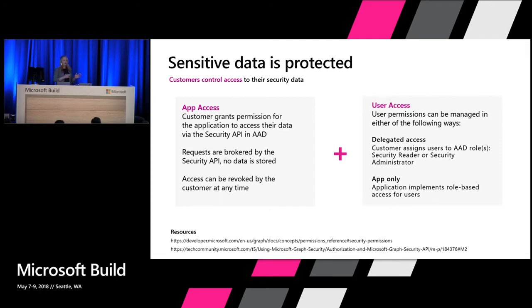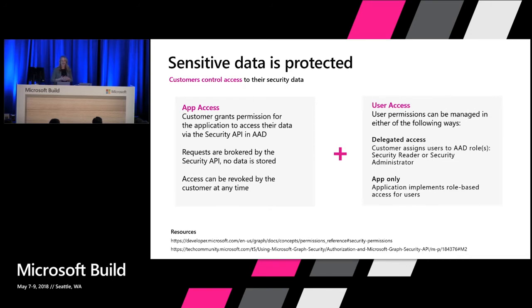As I mentioned, requests are brokered by the security API, so it's not actually collecting or storing any security data. It's, again, federating those requests out to the specific security technologies and just returning that list of aggregated alerts back. So no concerns relative to data storage. And of course, customers can revoke access to that API at any time should they need to.